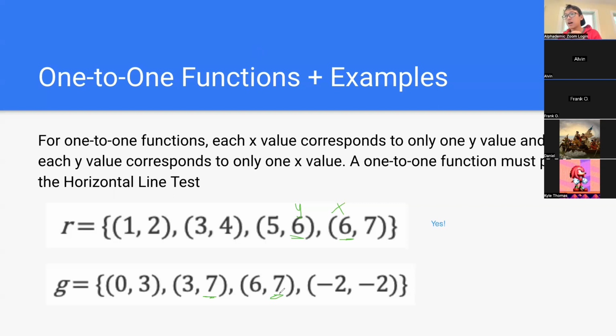So that way it does not satisfy the condition that each x value can only correspond to one y value, and each y value can only correspond to one x value. So this does not fit. As you can see, the same y value corresponded to 2 x values, not 1. So in this case, no, it is not a one-to-one function.